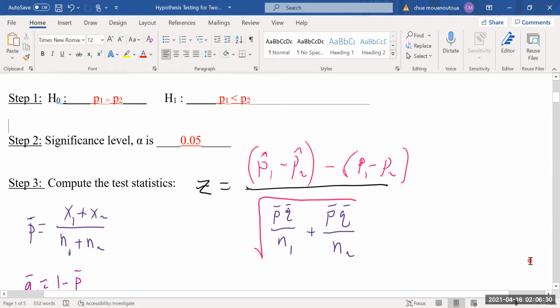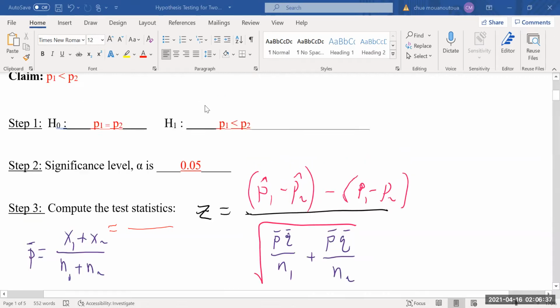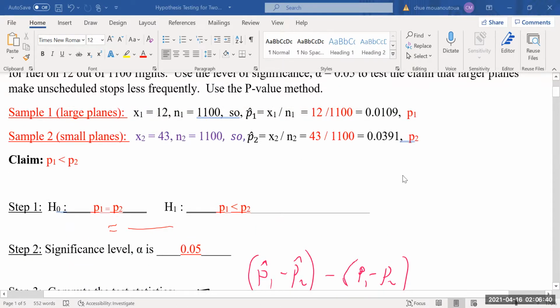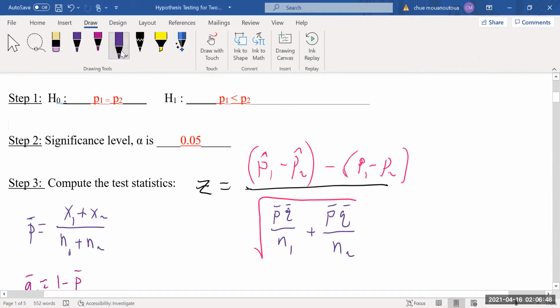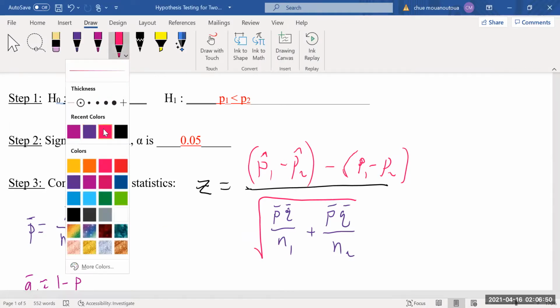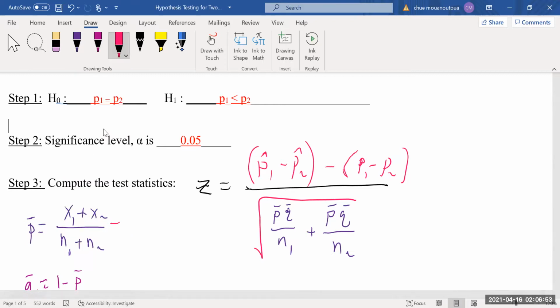So I'm going to put the numbers in. X1 is 12, x2 is 43, so we'll put 12, 43. So 12 plus 43. And n1, we said, is 1100. And n2, the same thing, 1100.